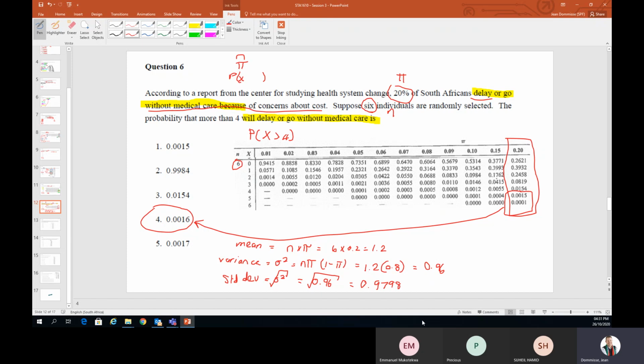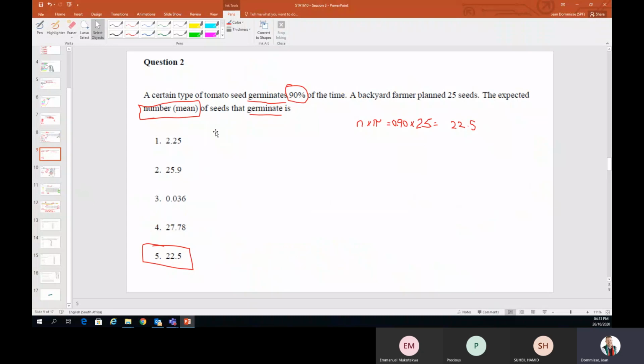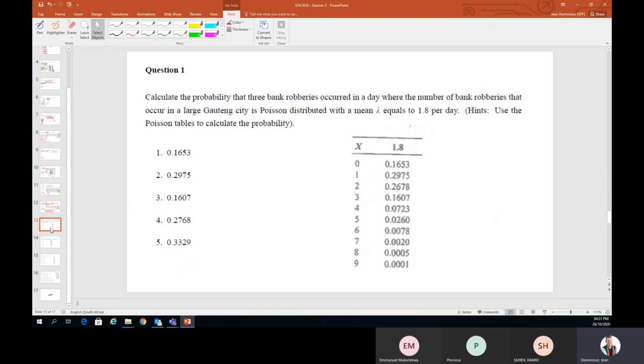So I think that is also the one thing that we just need to make sure of, that you nearly know which one is which, so that if I ask it in the exam, you will know that. It will be interesting. I haven't looked now at this one if any of those might have been the variance or standard deviation. It could also be. Okay, so that is binomial distributions.